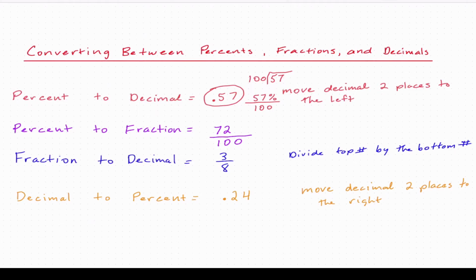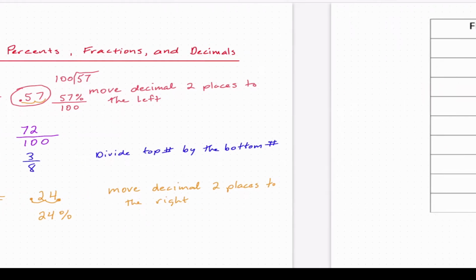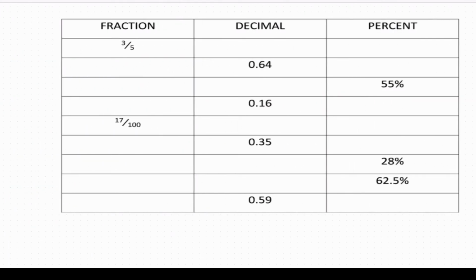That would be the same thing as 24%. If you ever see something like 0.57 and want to change that to a percent, move the decimal back this way. If you have 24% and want to change that to a decimal, you just move it two places to the left. Those are the tips on converting, so I'll go through some examples here.